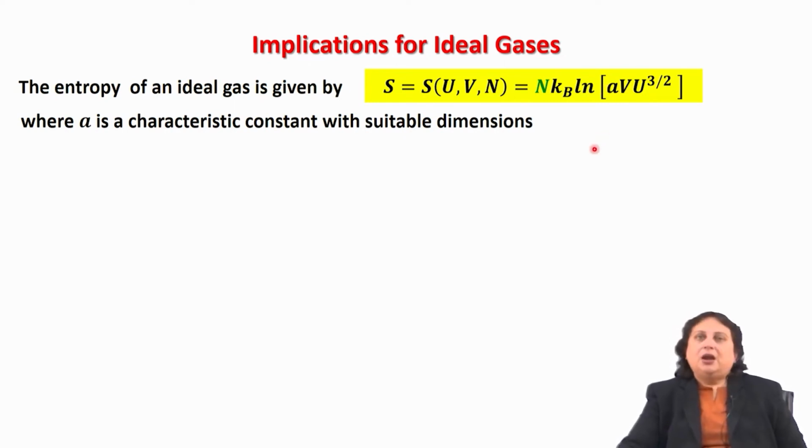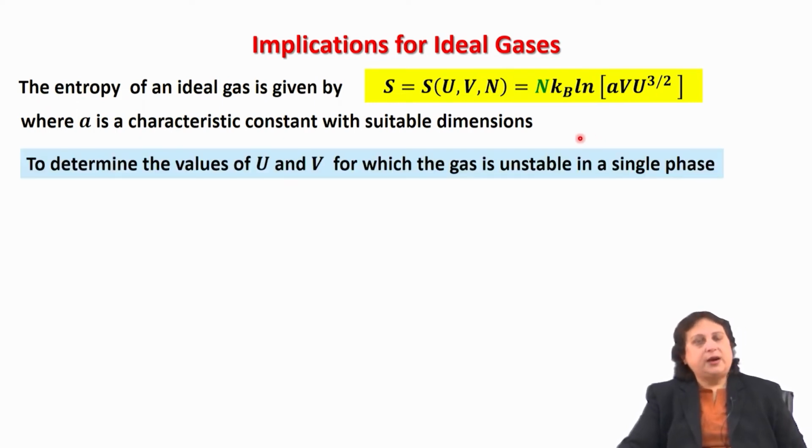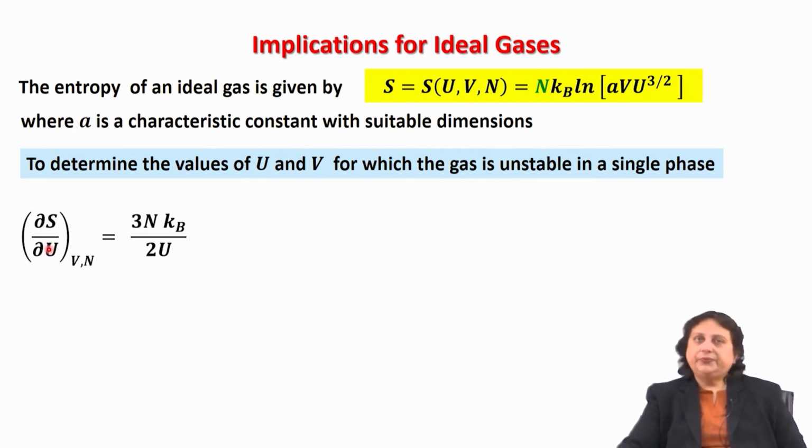Now, going ahead with this fundamental equation, what I can do is determine the values of U and V for which the gas is unstable in a single phase. So, to start with, I will evaluate del S del U, keeping volume and number constant.